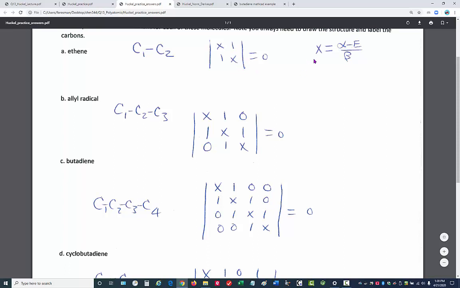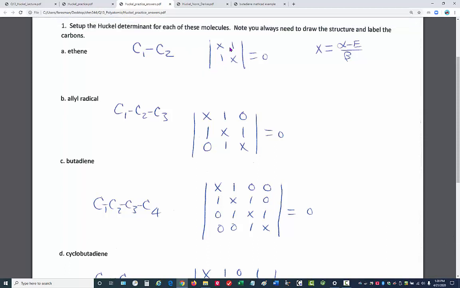And then what we can see here is that we've divided through the original matrix by beta and replaced alpha minus E over beta with X. That's how I come up with this shorthand notation. So originally, each X would have been alpha minus E, and each 1 would have been a beta.